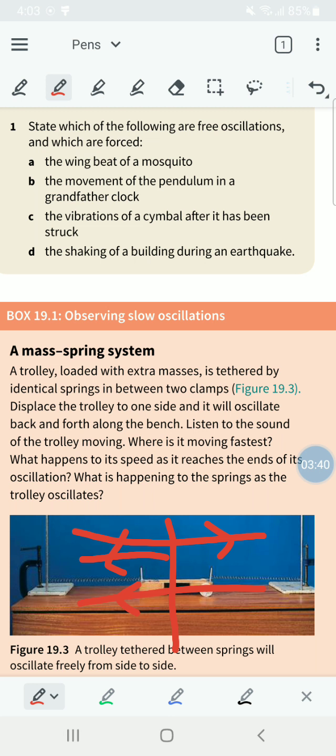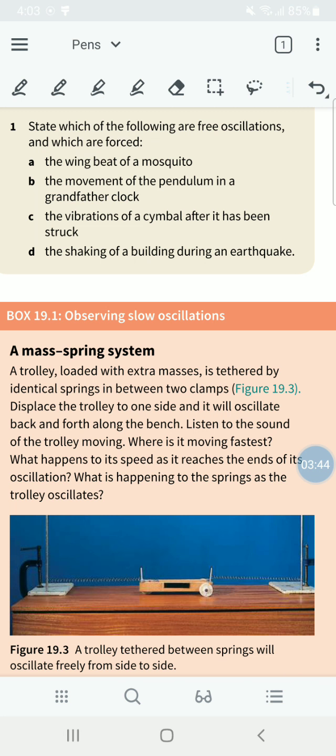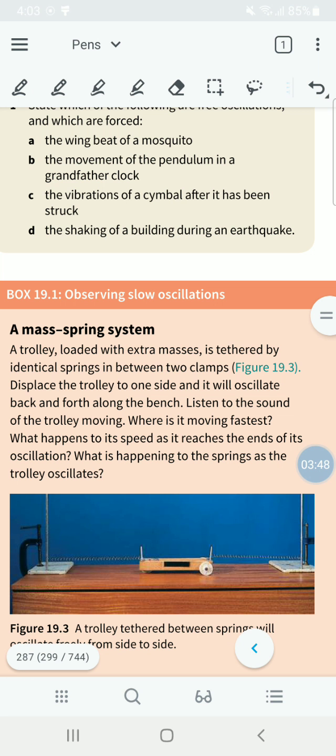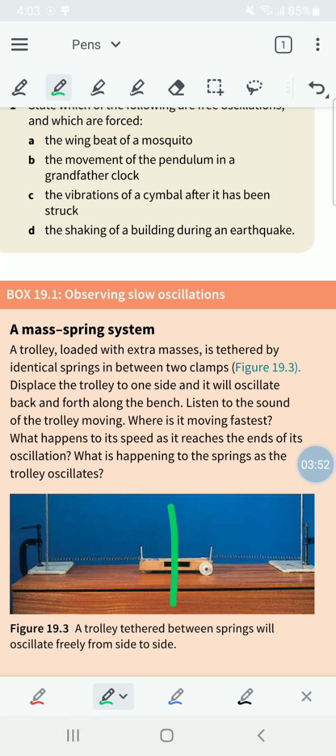When it goes to one side, from here to here, and returns to this point, these are the two extreme ends. When it starts from here, it accelerates up until this point.